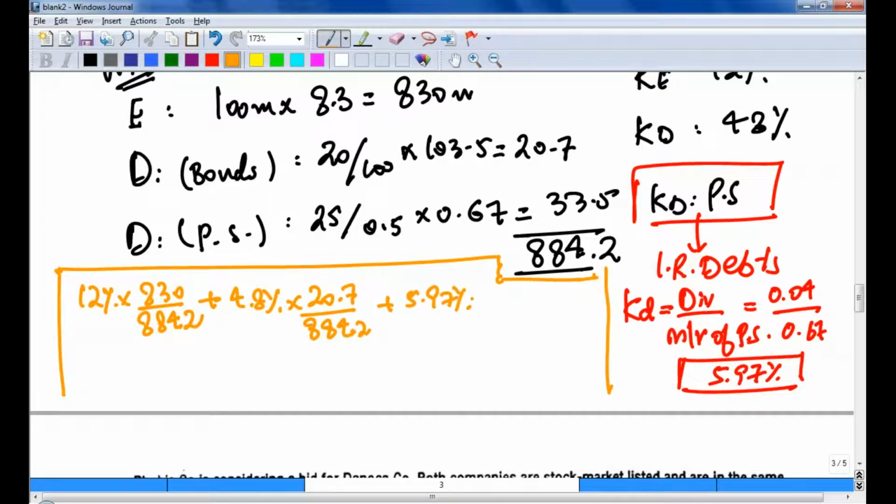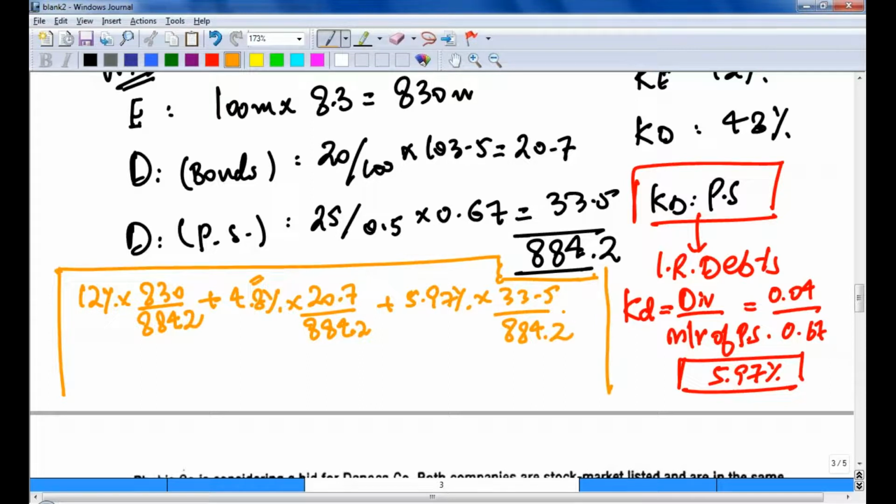You know very well that 5.97% is the preference shares dividend, it's not tax adjusted, so no tax adjustment, while this 4.8 is already tax adjusted, into 33.5 divided by 884.2.